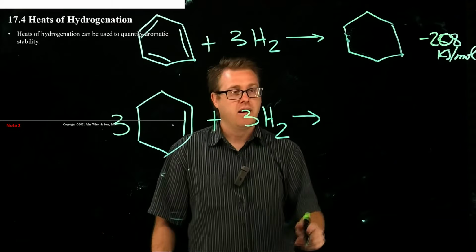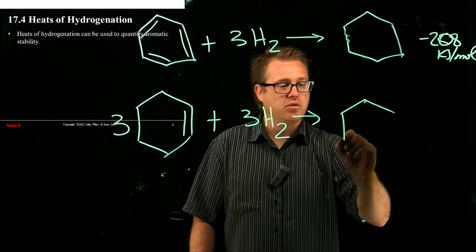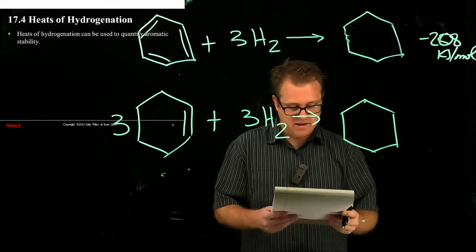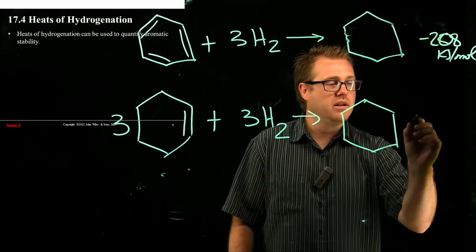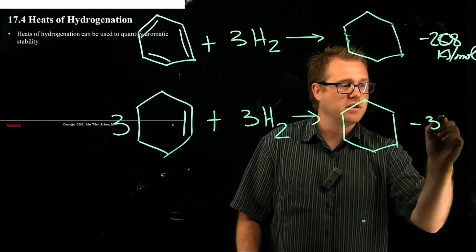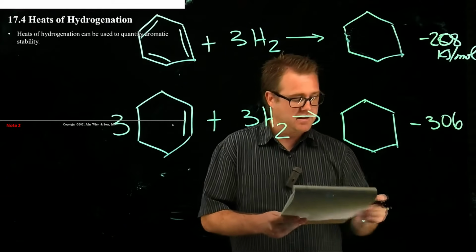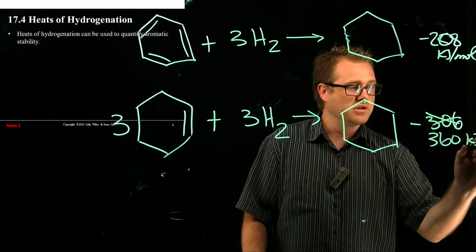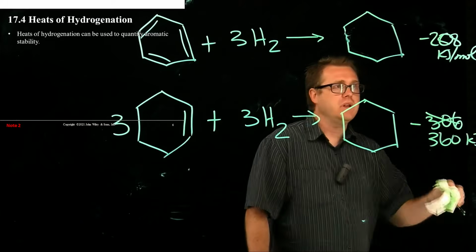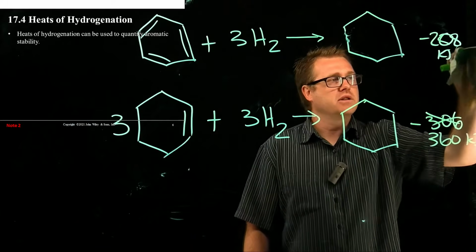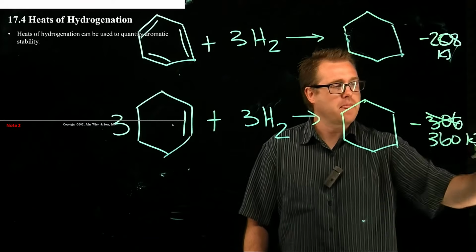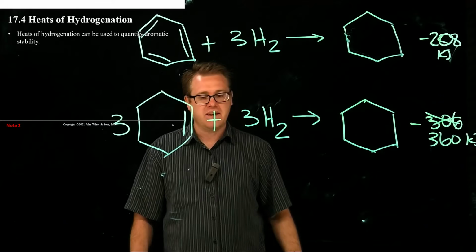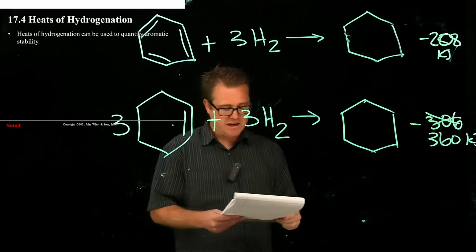And then we're going to compare, and it's going to give us the same product, right? Cyclohexane. But look at the difference. It gives us a lot more energy. 360 kilojoules of energy. It's not kilojoules per mole, it's actually just kilojoules. Okay. Let me fix that mistake. So that's how much heat is given off when you compare these 2 reactions.